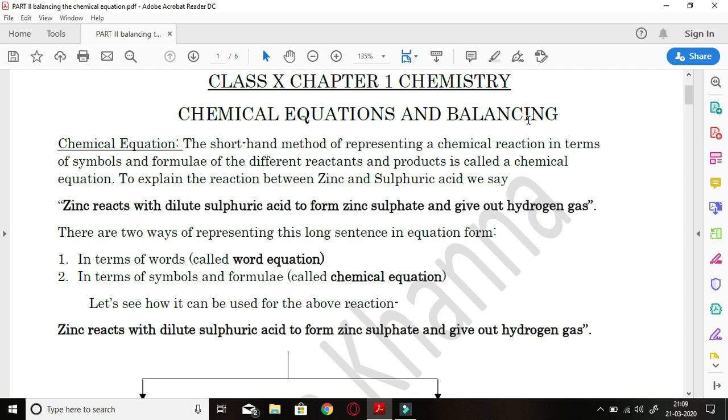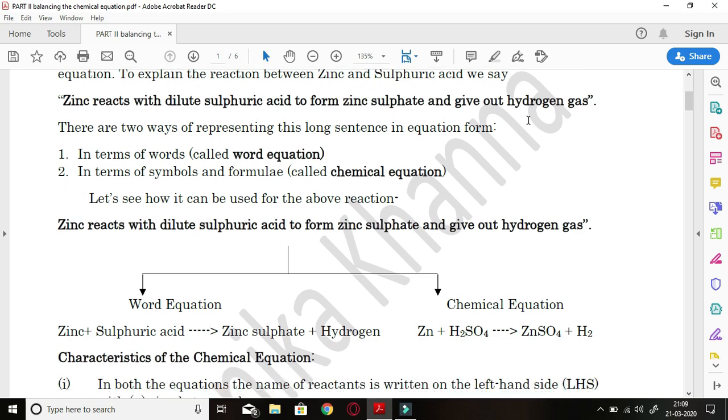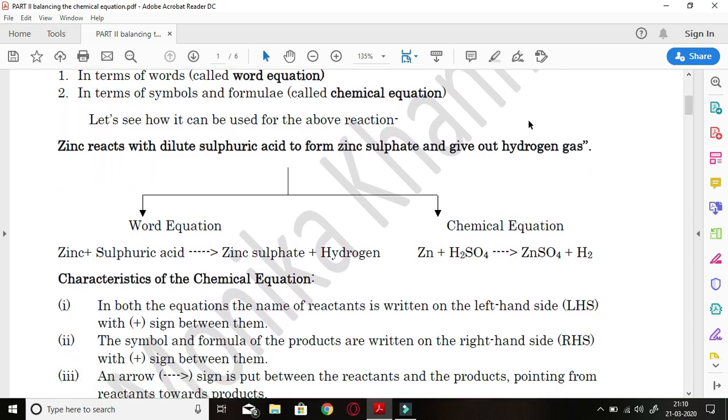So there are two ways of representing this long sentence in equation form. First is in terms of words, we call it a word equation. And second is in terms of symbols and formulae, we call it a chemical equation. Let's see how it can be used for the above reaction. I am giving you the word equation and chemical equation for it.